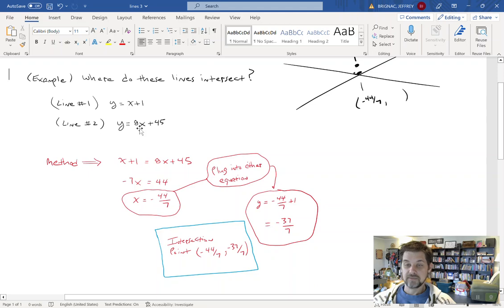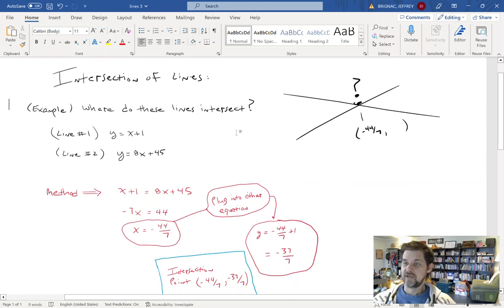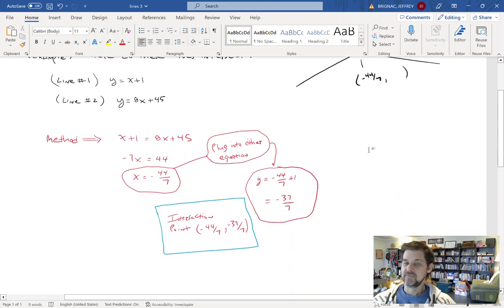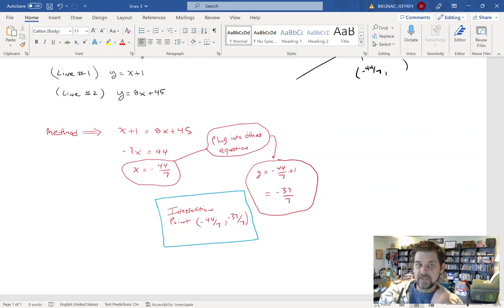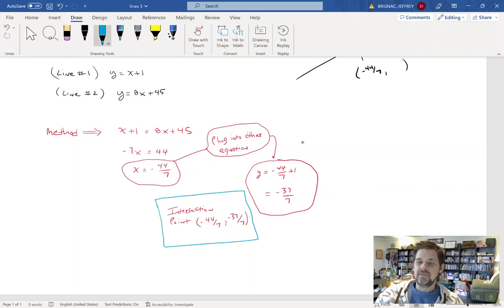Either one. It doesn't make any difference because we're finding a common point of intersection. Probably you'll take the one that looks the simplest. I think y equals x plus 1 is the simpler of the two.